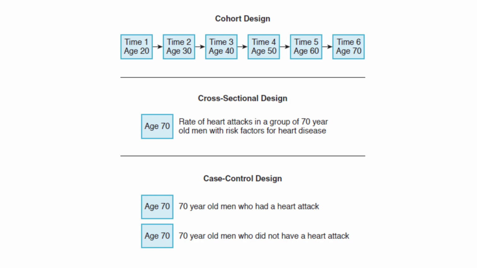Number one is the cohort design, where we have an individual at the age of 20. As already said, cohort designs are prospective study designs that will lead us from cause to effect, from present to future.